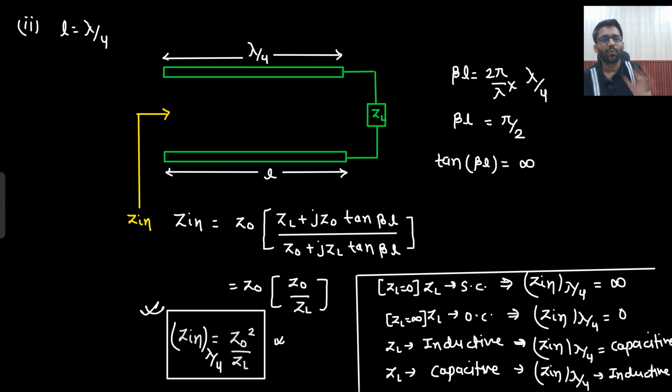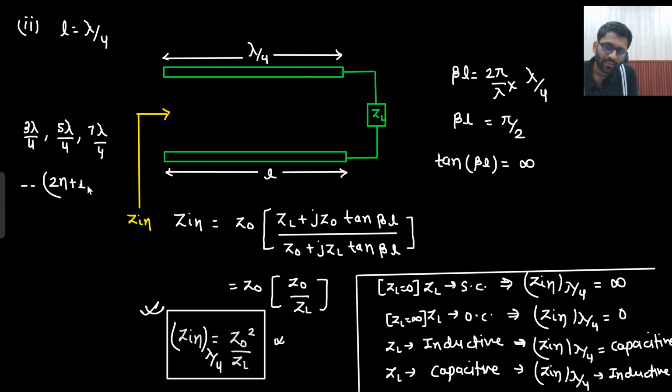Now it is not true only for lambda by 4. It is true for 3 lambda by 4, 5 lambda by 4, 7 lambda by 4 as well. That means it is true for every odd multiple of lambda by 4. Why is that so? Beta is 2 pi by lambda, and L is 2n plus 1 times lambda by 4.